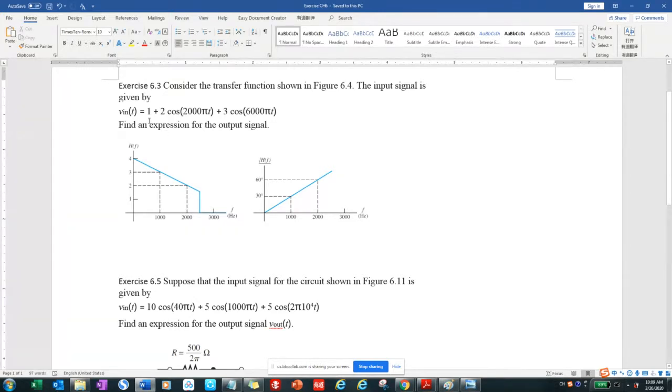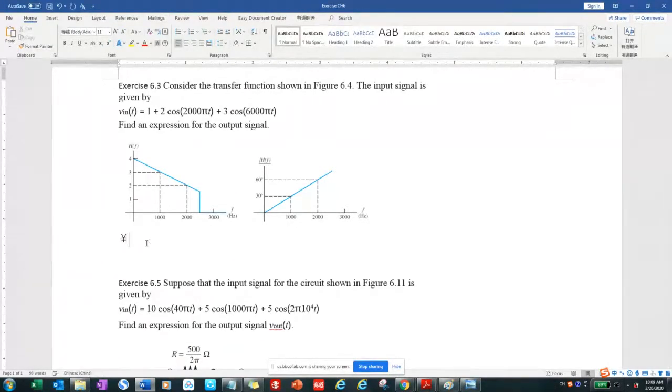Then we multiply by 1, and you're going to have the 4, and the phase angle is 0. So you can just write down a 4 there. So it will be 4.